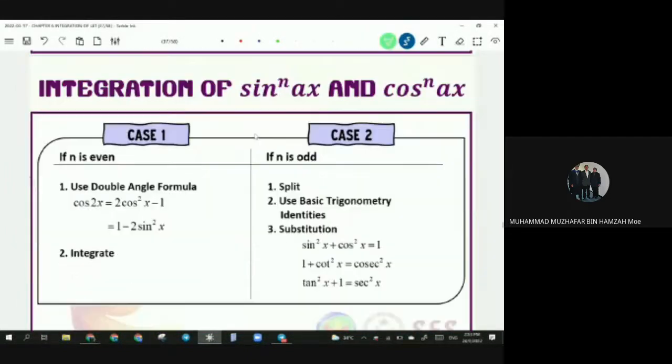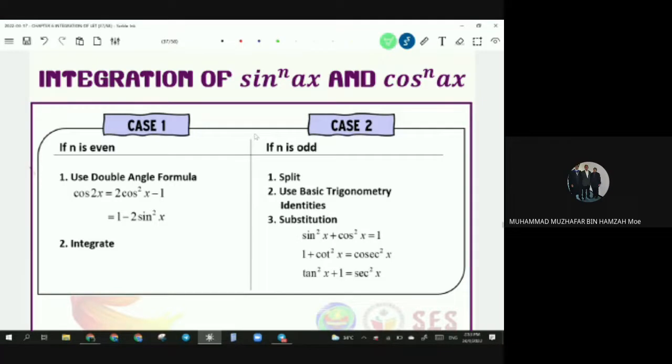Maka kita dah semakin membesar dia punya integration. Dia ada pula integration of sin kuasa n, dan cos kuasa n pula. Dan kuasa tu terbahagi kepada 2 jenis pula. Kalau kuasa tu even, kalau kuasa itu odd. Kalau even ni kalau kuasa dia genap, contoh integrate sin square, sin kuasa 4.